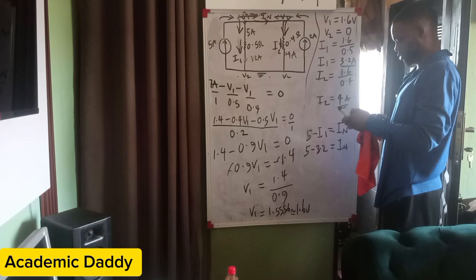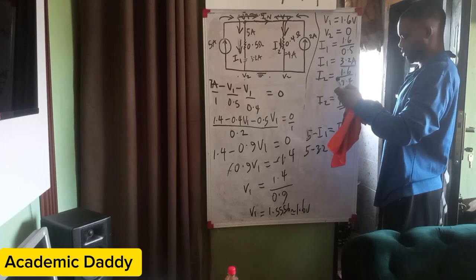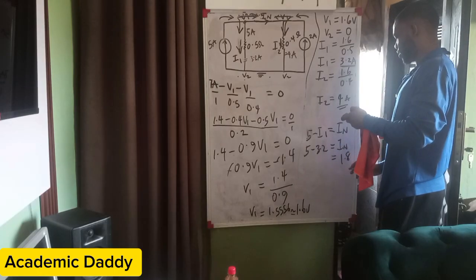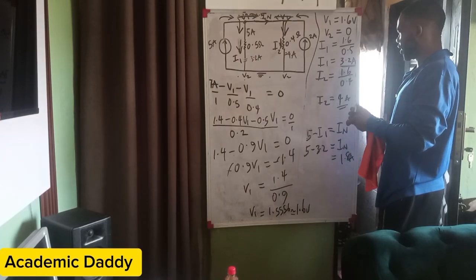So 5 minus 3.2 equals IN, which is 1.8 amps.